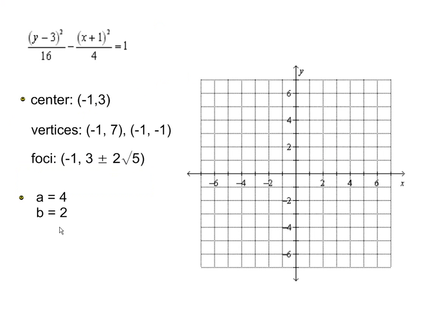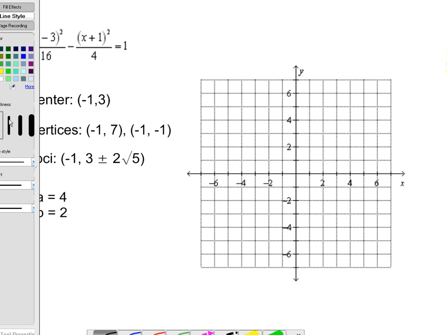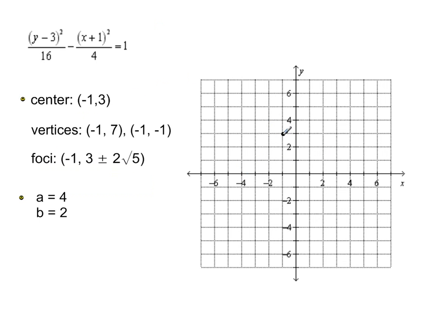Alright, let's go ahead and graph this. We have all our information over here at the left. To graph, guys, very, very simple. Just plot some of our points. We plot our center. The center's at negative 1, positive 3. There we are.